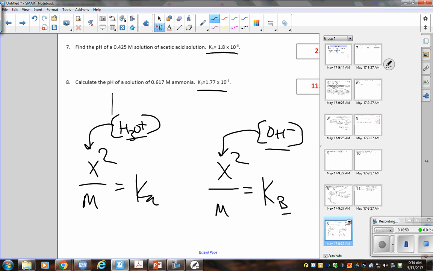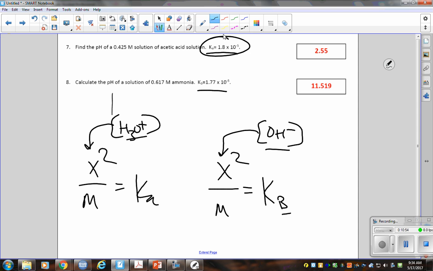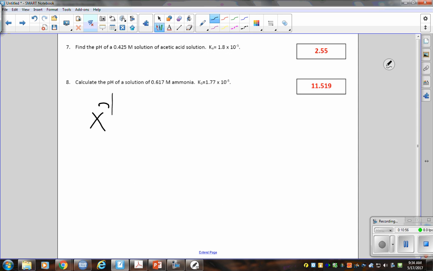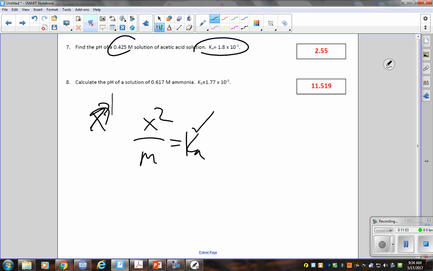It says Ka. So the first thing I know is x squared over molarity is equal to Ka. So then what does she give me? She gives me Ka, and she gives me molarity. So I'm going to solve for x squared. So I'm going to just go 0.425 times 1.8 times 10 to the negative fifth equals x squared.